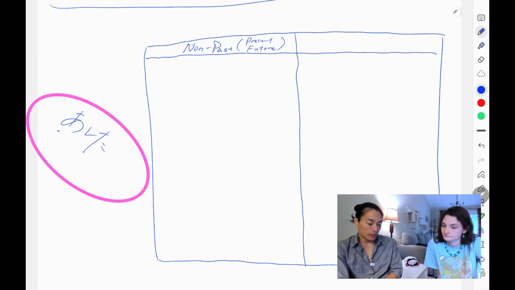Context. For example, an obvious context is the word 明日, which means tomorrow. So if I say something like 明日私とゲームしますか? ゲームします is to play games, and I said 私と, with me.